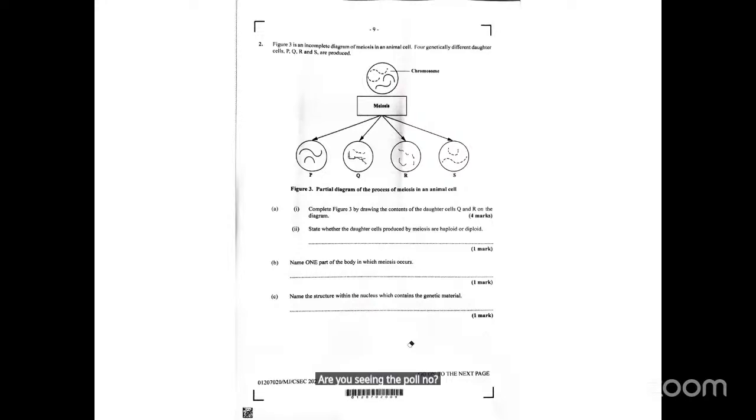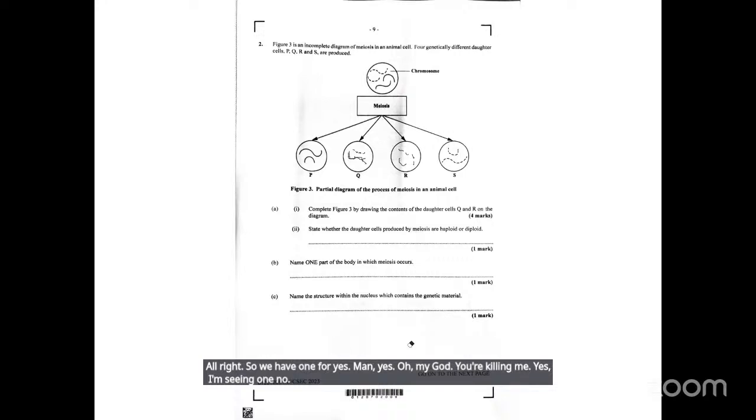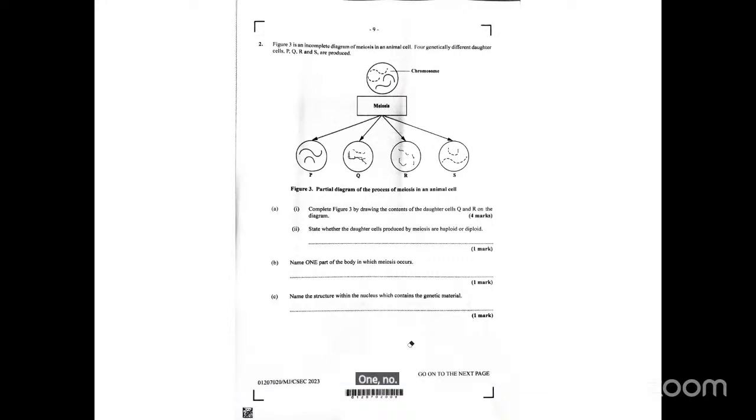Are you seeing the poll now? Yes, sir. All right, so we have 6 for yes. Ah, man, yes. Oh my God, you're killing me. I'm seeing 1 no. Genetics, yes or no? 1 no so far. 15 yes.